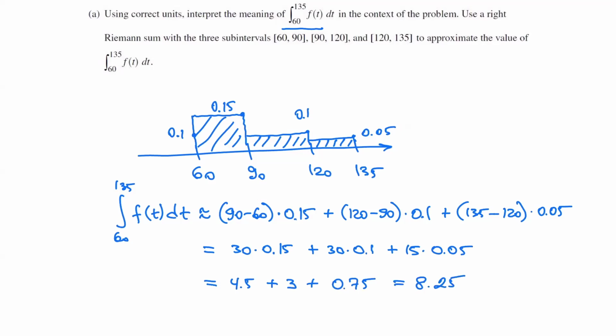So the total amount of gasoline that was pumped into the gas tank between 60 seconds and 135 seconds is approximately equal to 8.25 gallons.